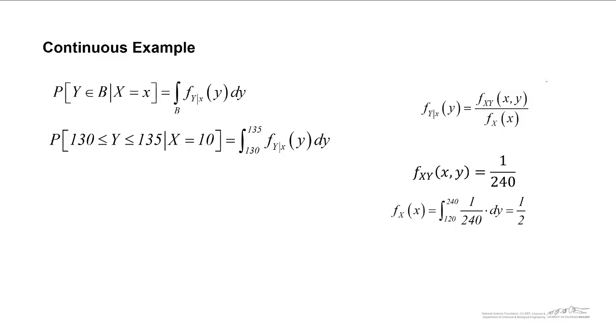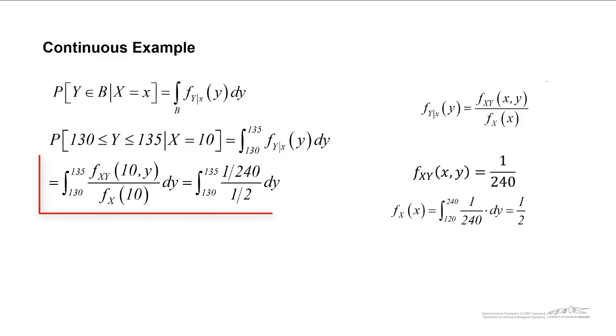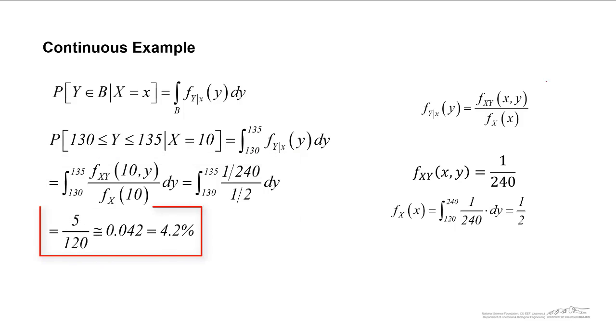We can substitute what we derived previously into that. When we put this into the integral and substitute x equals 10, we integrate from 130 to 135. 1 over 240 divided by 1/2 becomes 1 over 120. We multiply that by 5 because when we integrate a constant from 130 to 135, we get 5. In the end, this ends up being 4.2%.